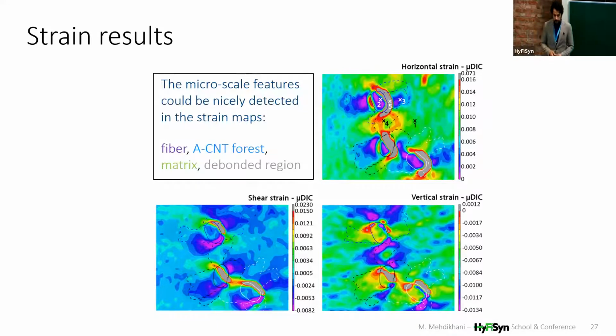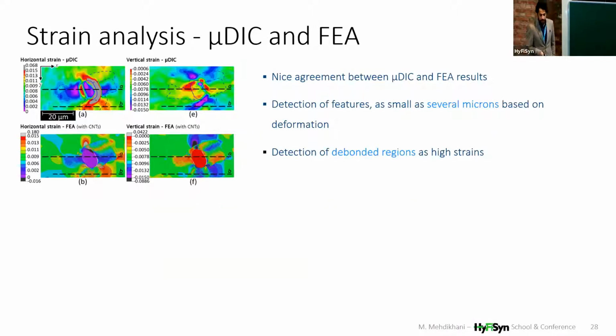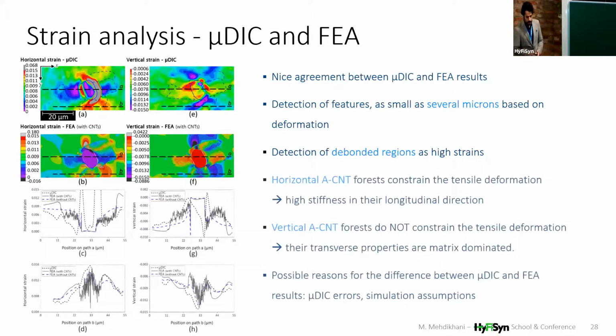So we can see that the fibers and even the CNT forest are well detected by this technique. We could even detect the debonding happening around the fiber at this scale, which was something nice. Again, we compared these DIC strain maps with finite element methods, and good agreement was achieved in this case as well.